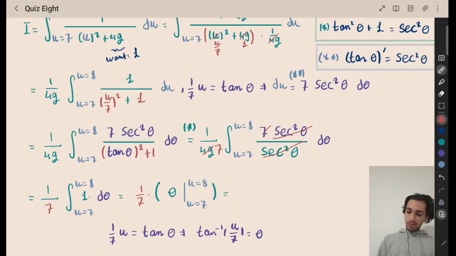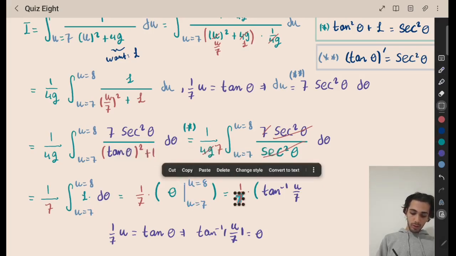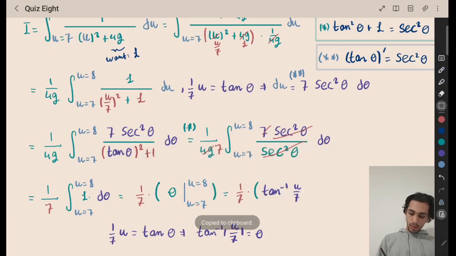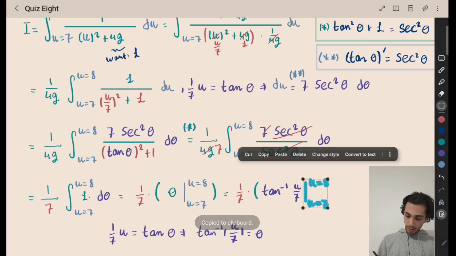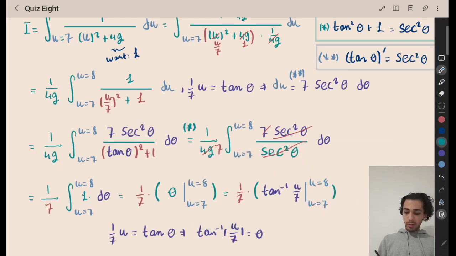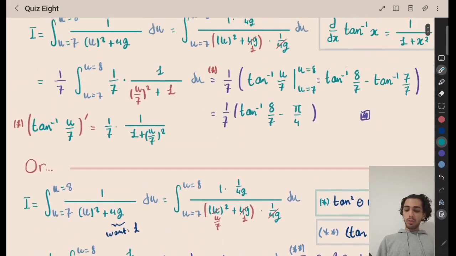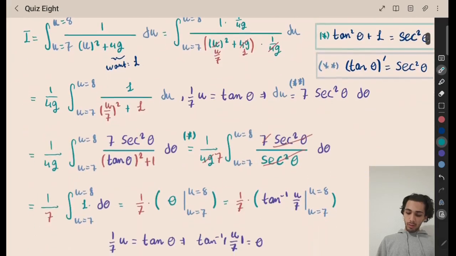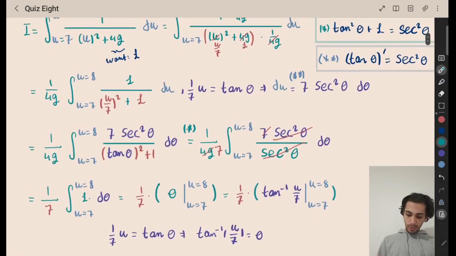Then I get 1 over 7, and then on the inside I get tan inverse of u over 7 from u is equal to 7 to u is equal to 8. And then by the same argument that we did here, you would get tan inverse of 8 over 7 minus tan inverse of 7 over 7.